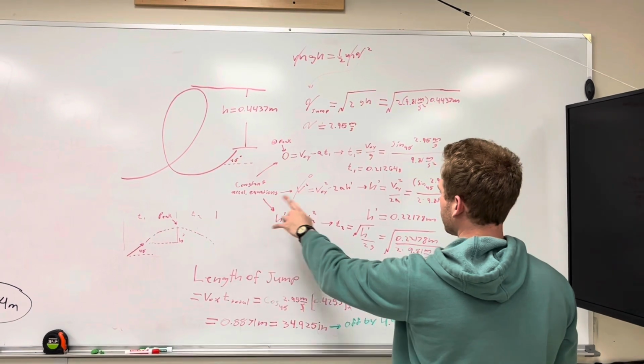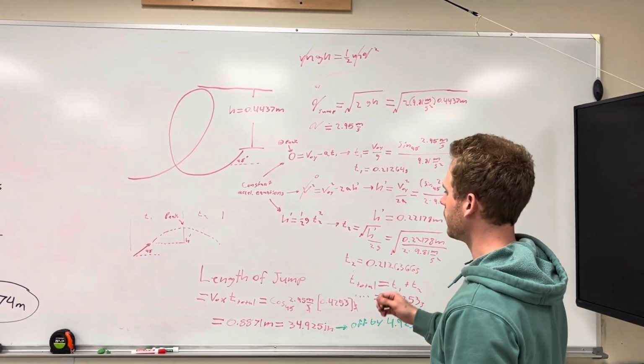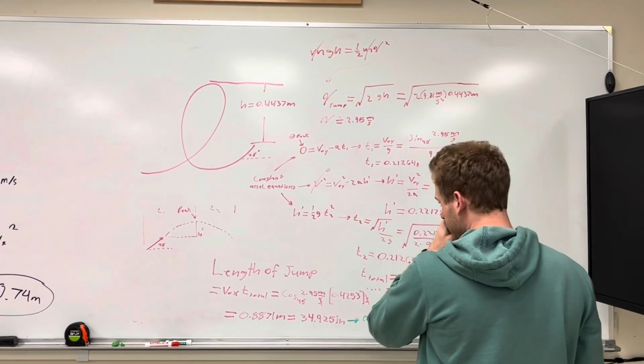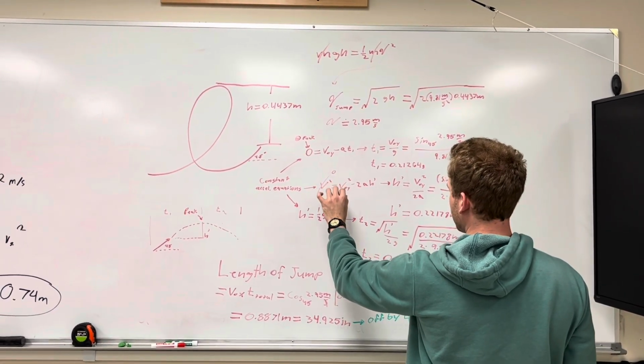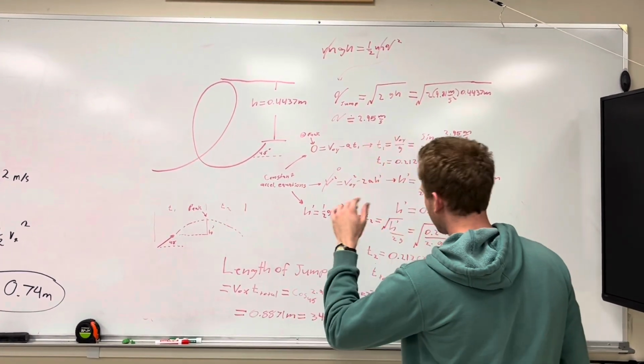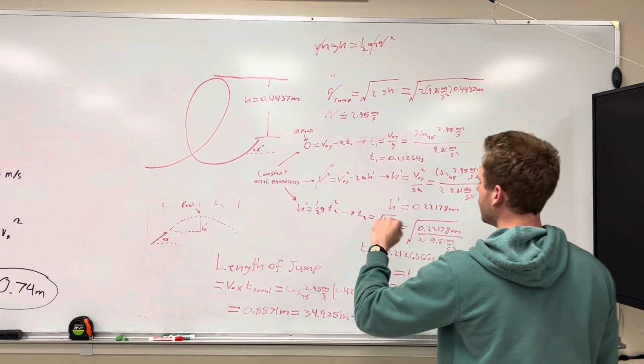Then using another constant acceleration equation for final velocity, which again is going to be 0, I'm solving for the height. Again, your peak velocity is going to be 0.